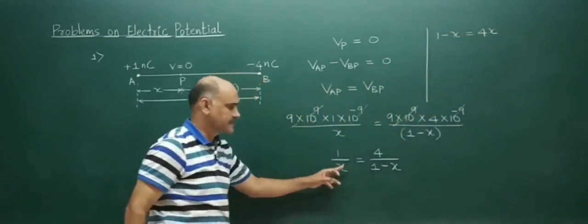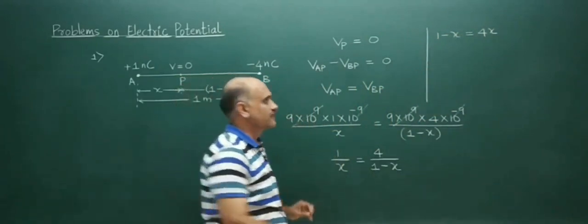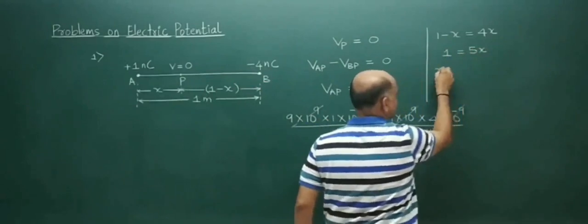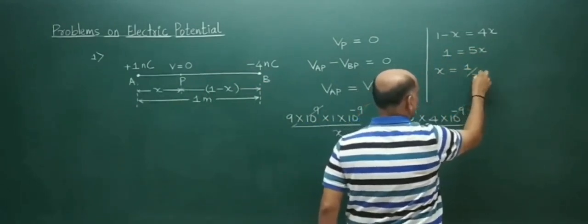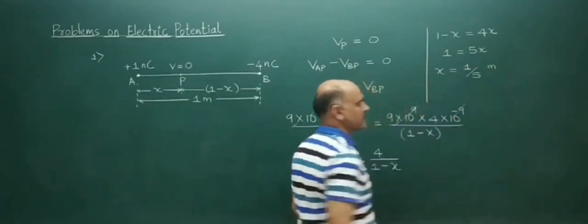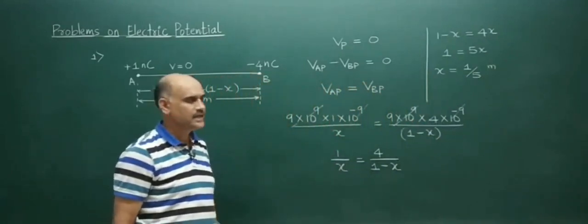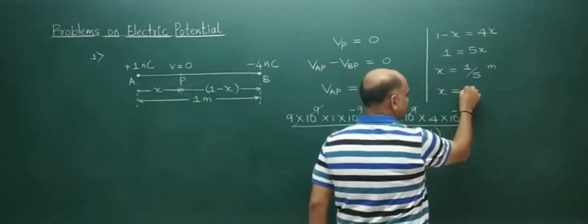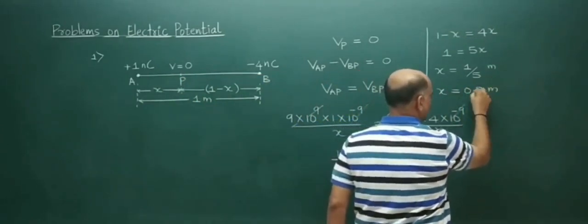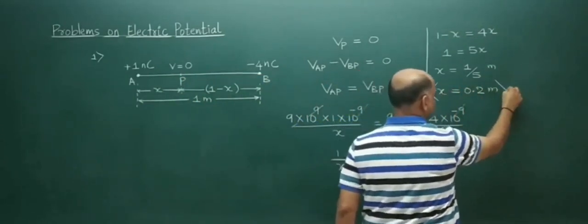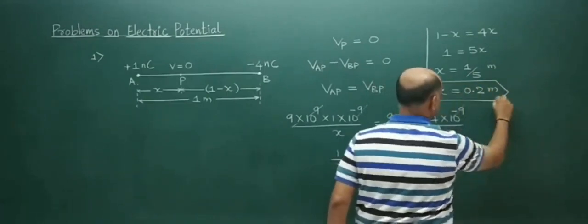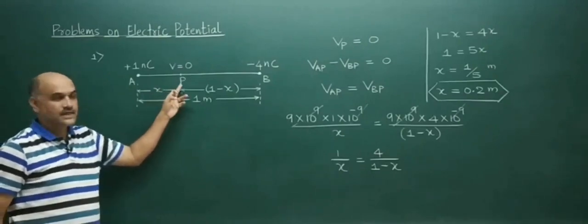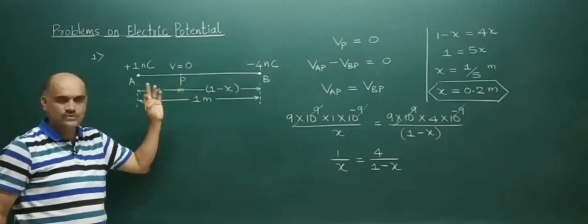Therefore 1 is equal to 5x, or you can say x is equal to 1 by 5 meters. If you divide, you will have x is equal to 0.2 meters. This is the first case, meaning point P is in between these two charges.